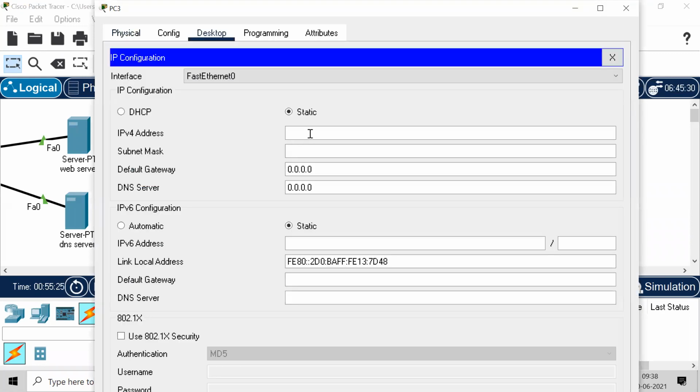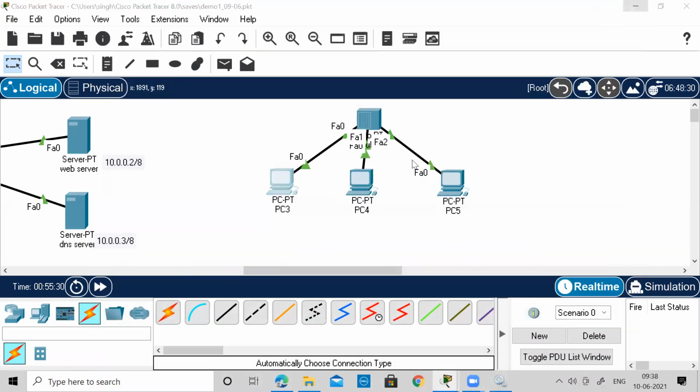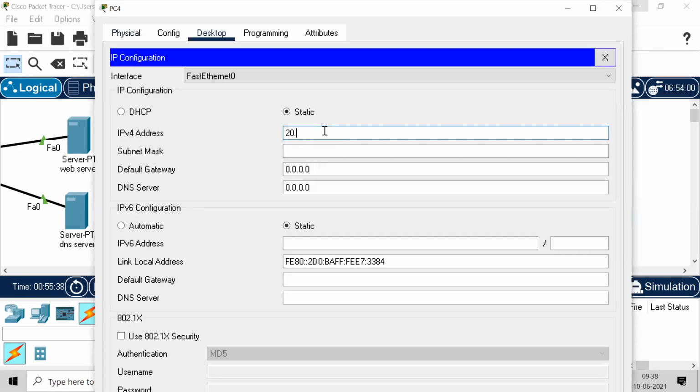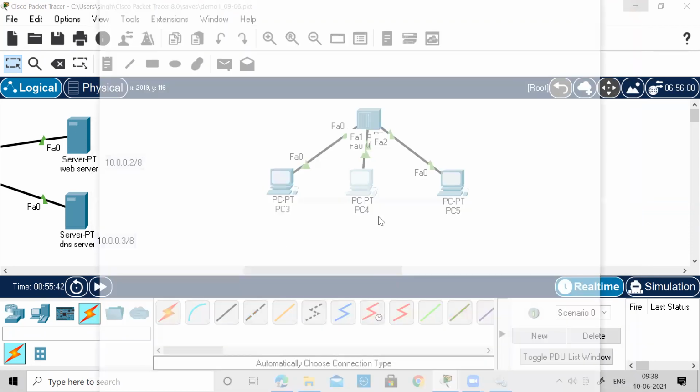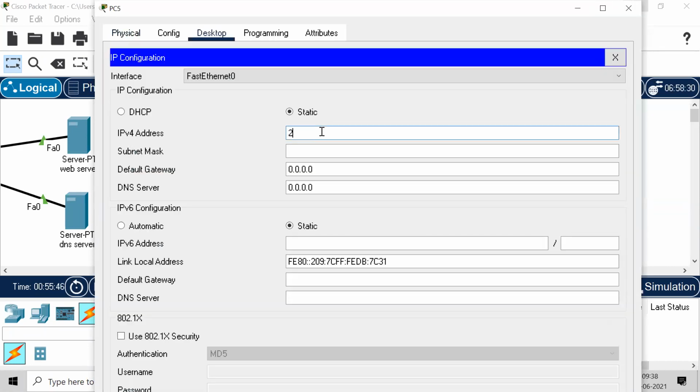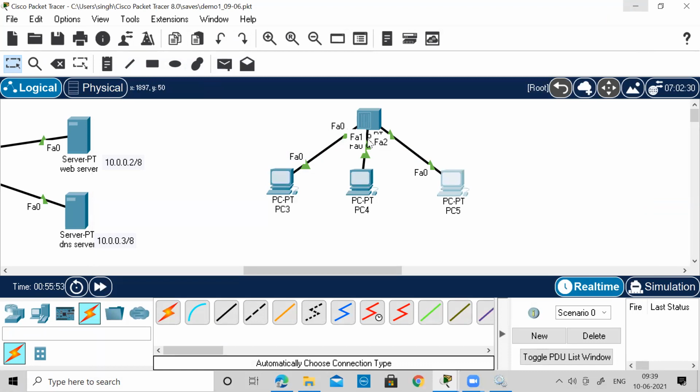Let us say 20.0.0.1, then 20.0.0.2, and 20.0.0.3. I don't do anything else, I just configure this.